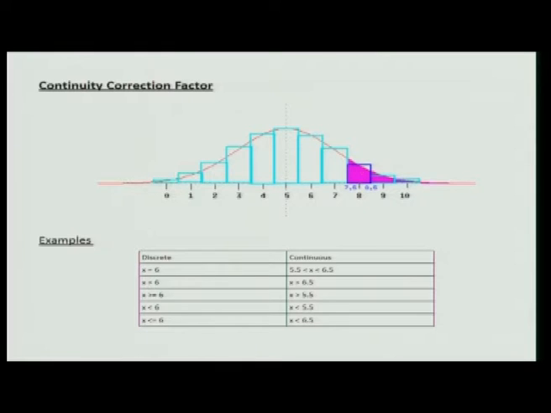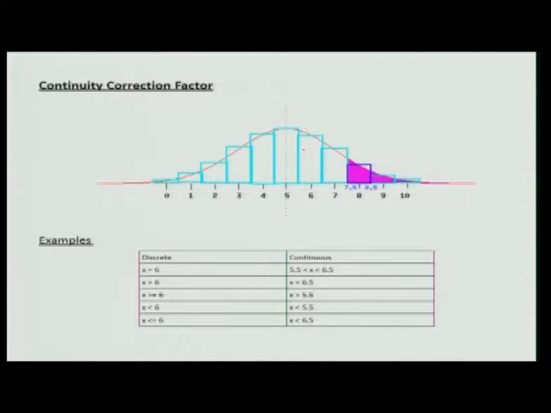And similarly, let us look at the example in the table. If you have x equal to 6, that means a single value, then you would want it between 5.5 and 6.5, because that is the rectangle, the bar that you constructed at 6, standing from 5.5 to 6.5, and its height is the probability of x equal to 6, right.